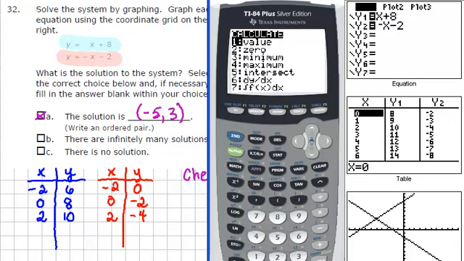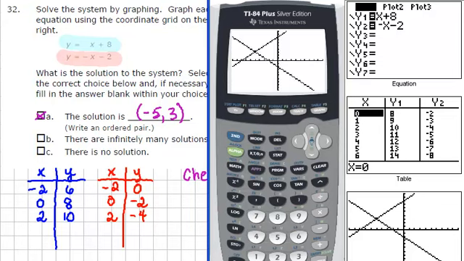All right, well, what is it that we want to calculate? We want to calculate the point of intersection. So either scroll down to number 5 and press Enter, or just type in the number 5. And what you'll do next is to use your arrow key to scroll to the point of intersection. Make sure that the blinking cursor is right over top of the intersection point that you're trying to find.